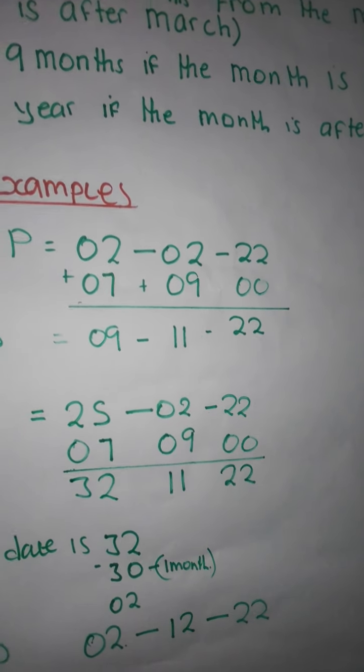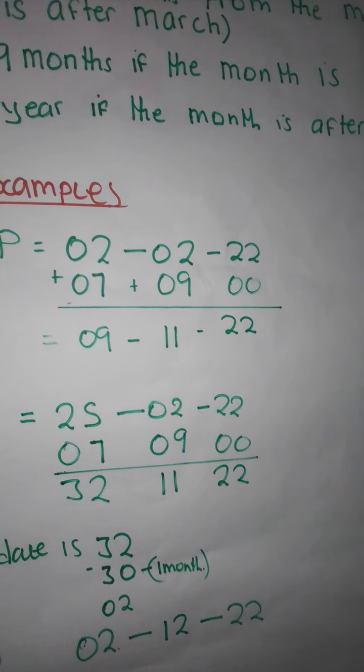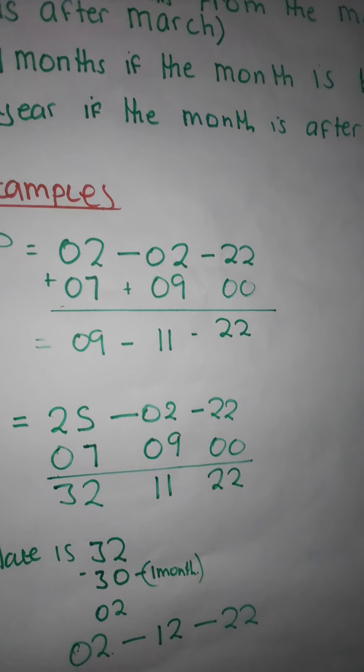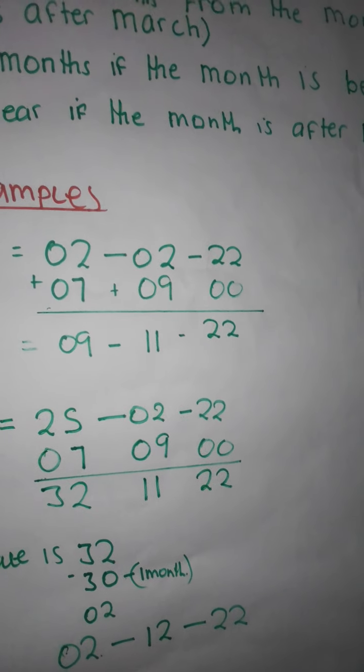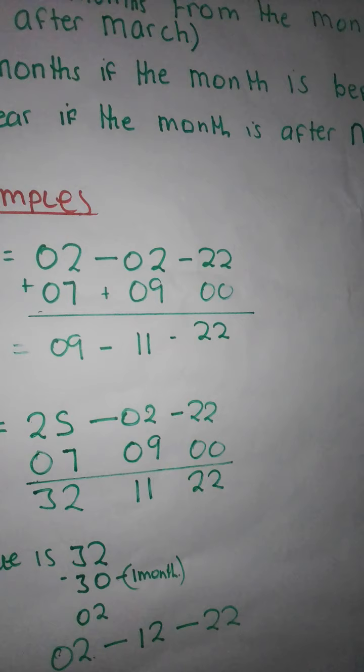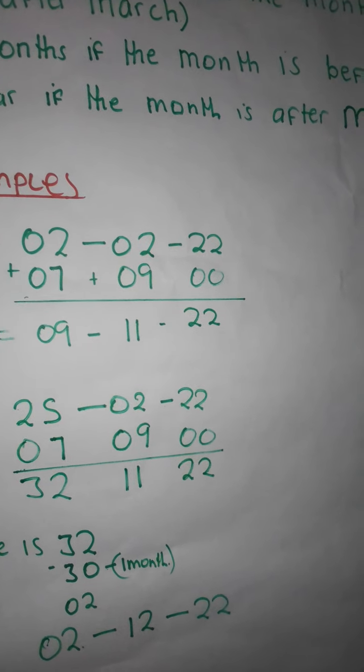Like we had said, we'll add 7 to the date, so it will be 2 plus 7. Then we'll add 9 to the month, which is 2 plus 9. On the year, we won't add anything, but I've just written the 0 to hold the place value.